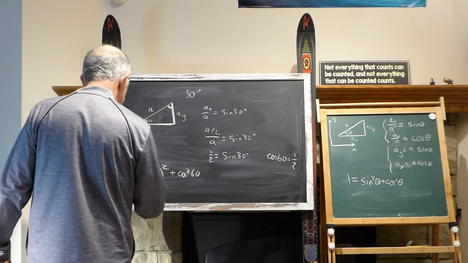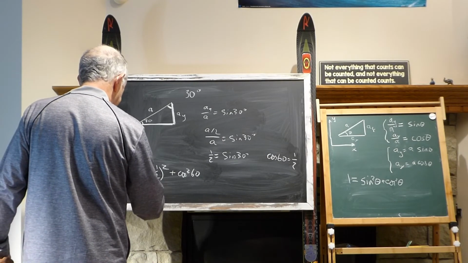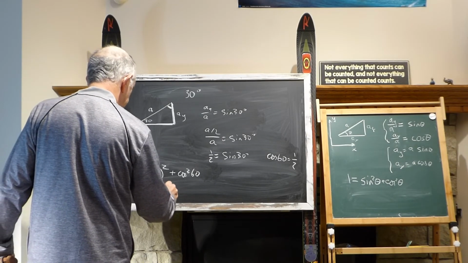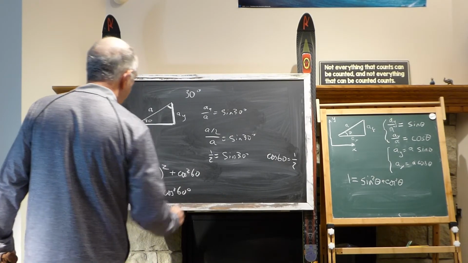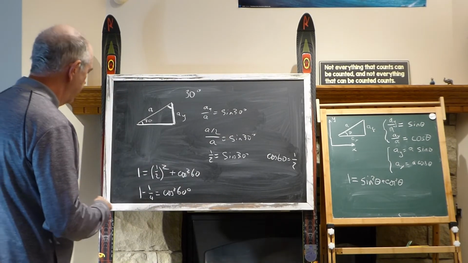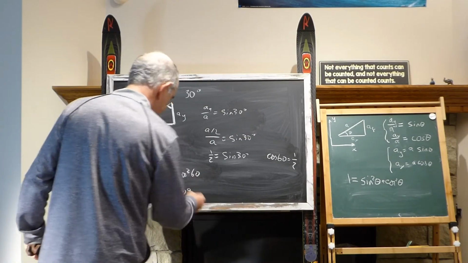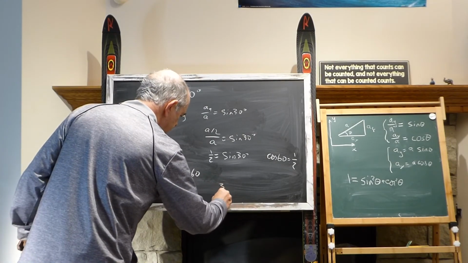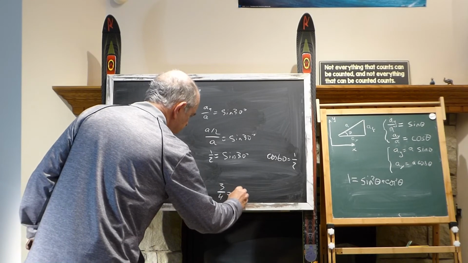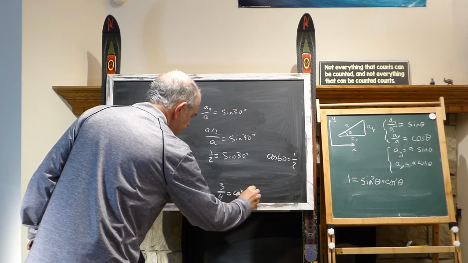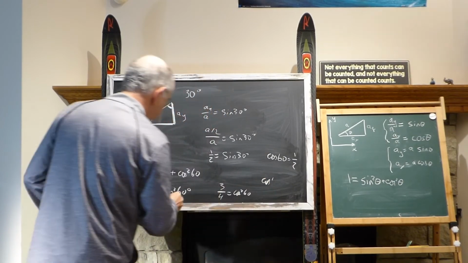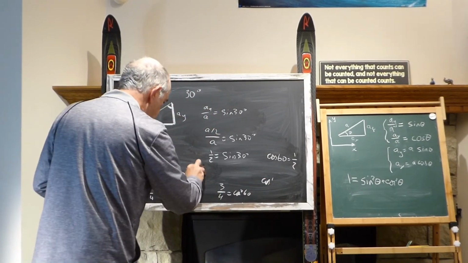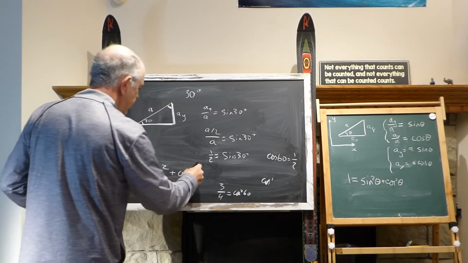This goes this way, so we have 1 minus 1/4 equals cosine squared, and we have 3/4 here, 3/4 equals cosine squared, and finally cosine, sorry, not 60, it's 30, I'm talking about 30 degrees.